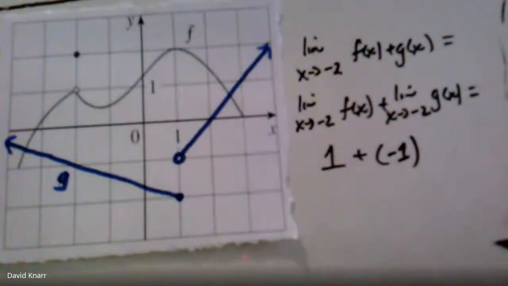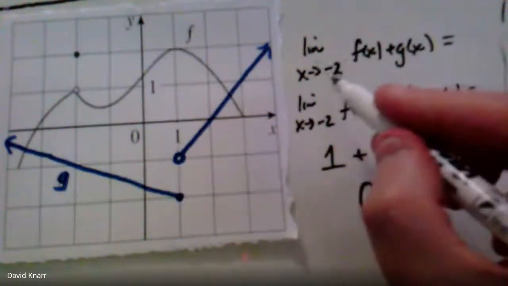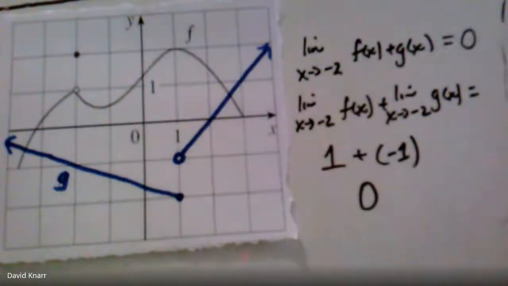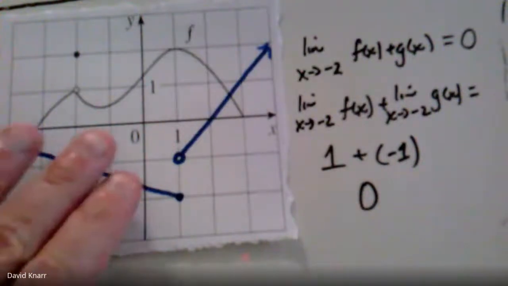So that limit is -1. -1 plus 1 is 0, so the limit as x goes to -2 of f of x plus g of x must be 0. That's my answer. That seems pretty simple, I hope. But let's try another one.